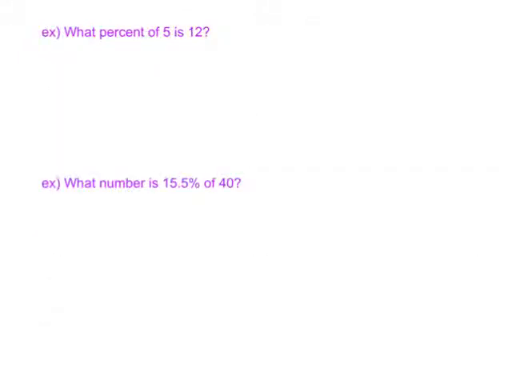For this example, we have what percent of 5 is 12. Go ahead and pause the video, and I want you to try this one on your own. If you notice, we could say that 12 is what percent of 5. So I'm still going to follow that. I see that I have to multiply my percent and my 5 together.